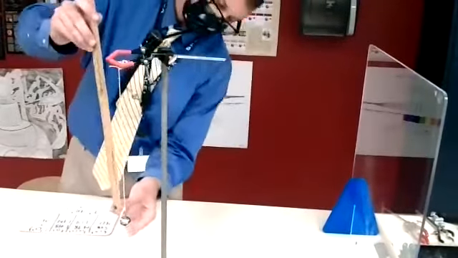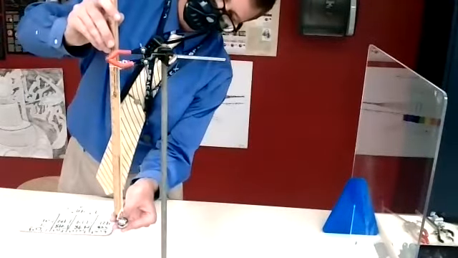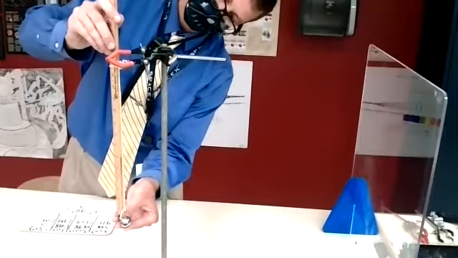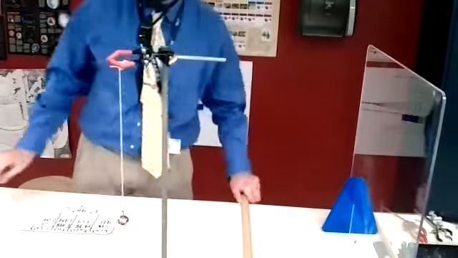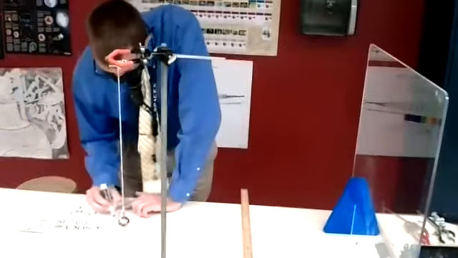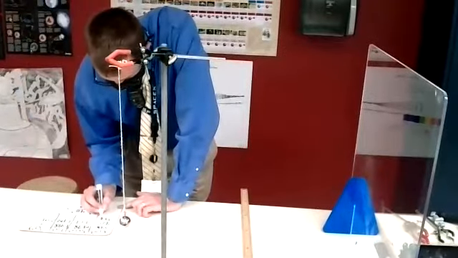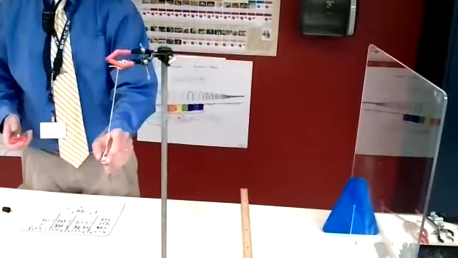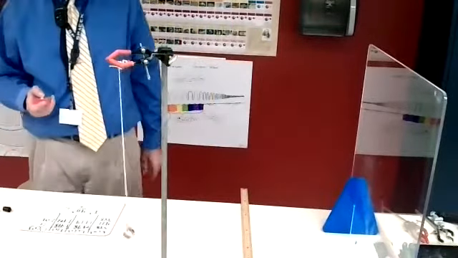And now I've got a length of string equal to 34.8 centimeters. So 0.348 meters. We'll set that in motion here. Time any 10 oscillations you want to.